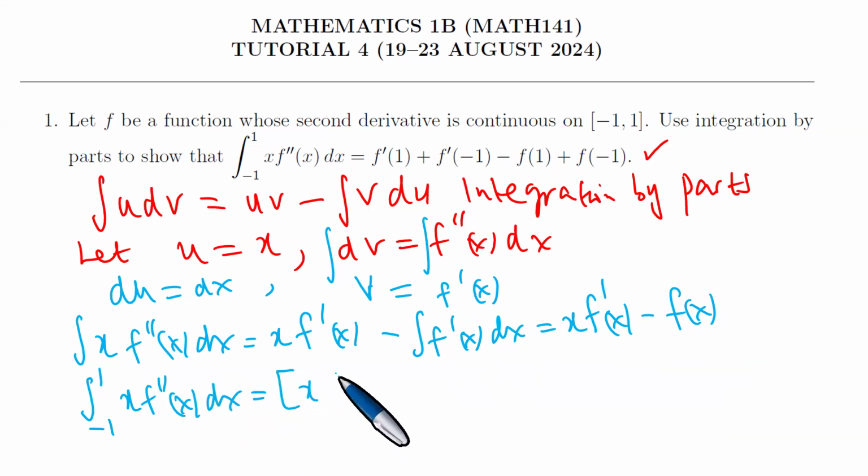And this is x f primed of x minus f of x, from -1 to 1.